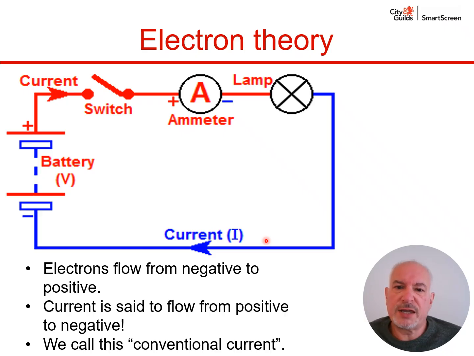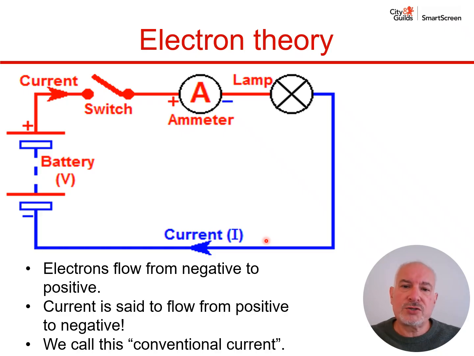It doesn't actually make any difference to how things work, but you need to understand that there are these two concepts: conventional current, the original idea, says current flows from positive to negative, but we understand now that electrons flow from negative to positive, and that is what is really carrying the current around a circuit.